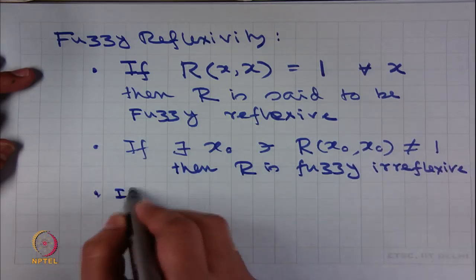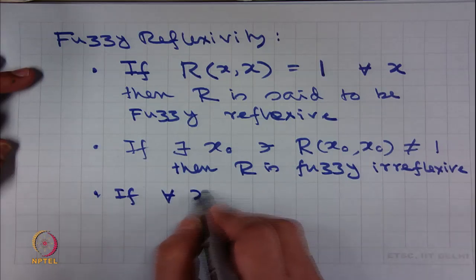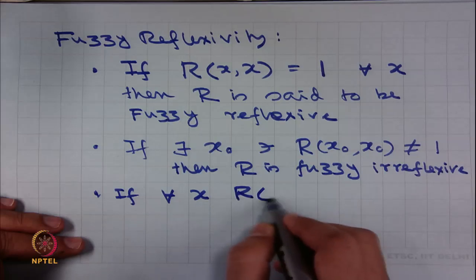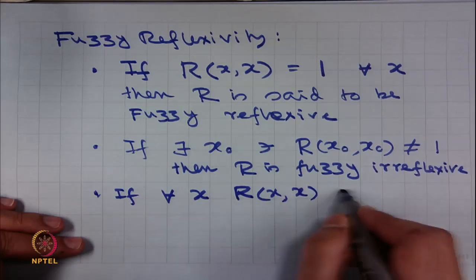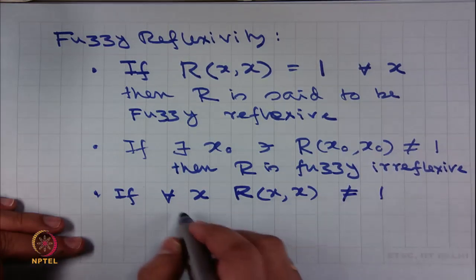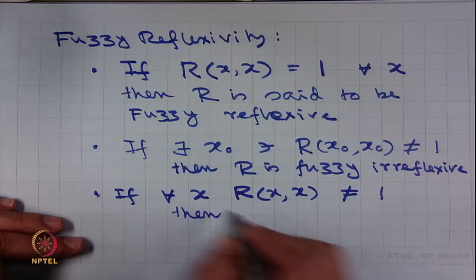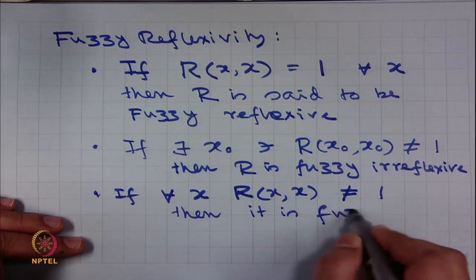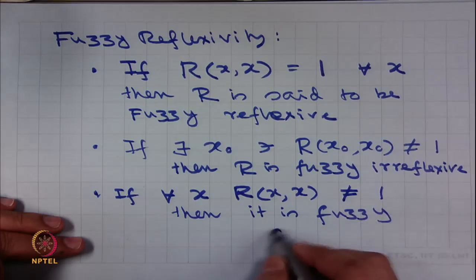If for all x, R(x, x) is not equal to 1, then it is fuzzy anti-reflexive.